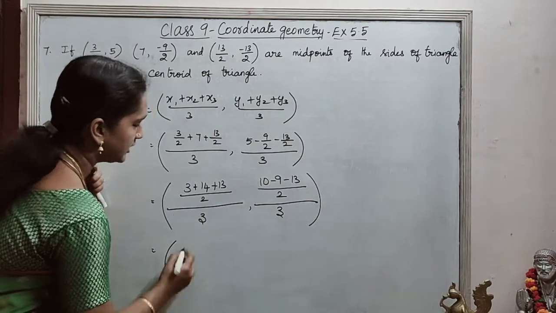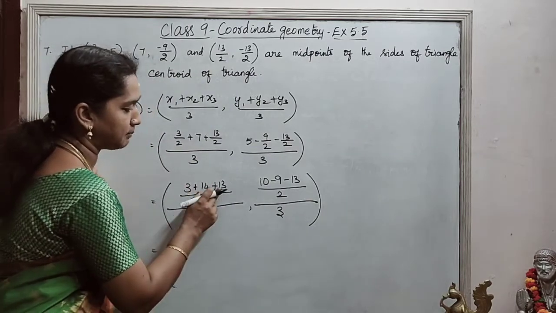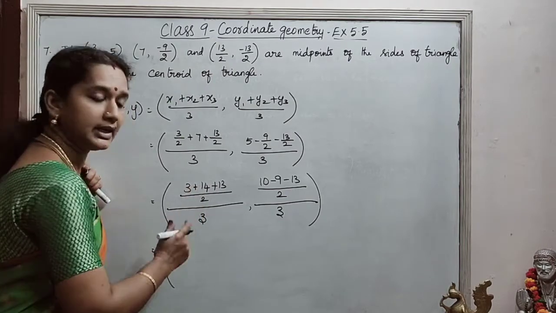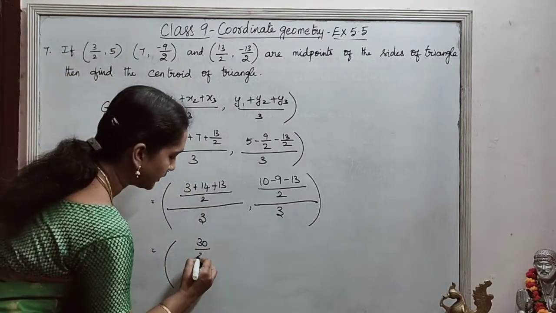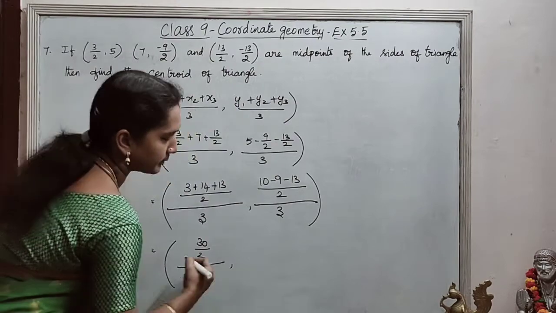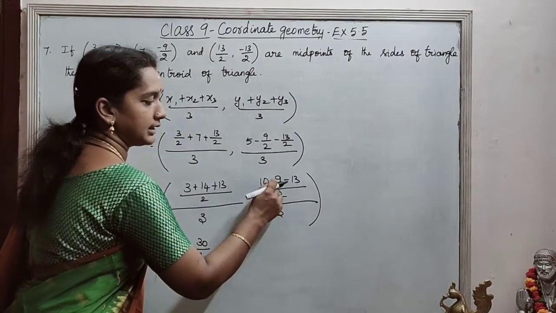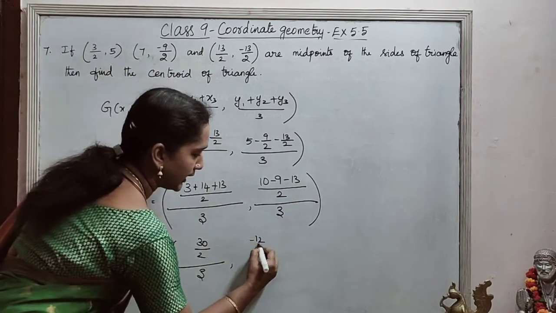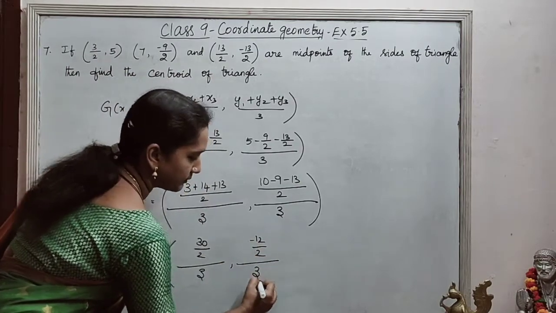When we add all these, 3 plus 13 is 16, 16 plus 14 is 30. So 30 by 2 divided by 3, comma, 10 minus 9 is 1, 1 minus 13 is minus 12 by 2 divided by 3.